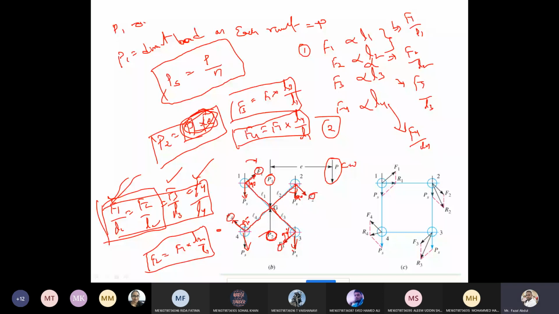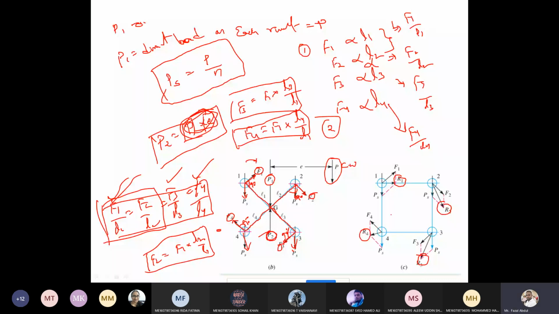So due to two forces acting on each rivet, there is a resultant force, not stress. There is a resultant force that is indicated in the second diagram. See here. Due to PS and F1, the resultant force is acting here. And due to F2 and PS, here there is a resultant force R2. Here there is R3. Here there is R4.